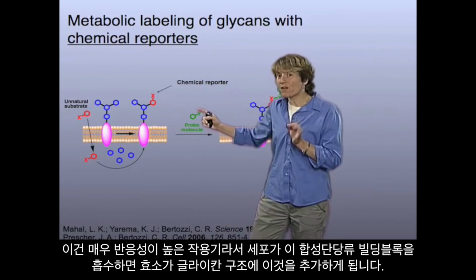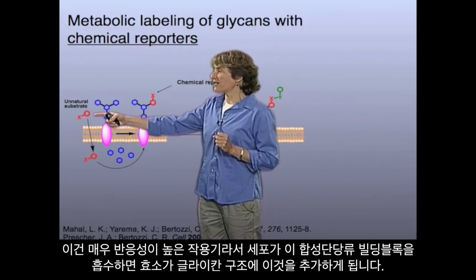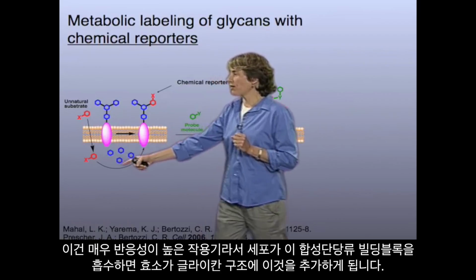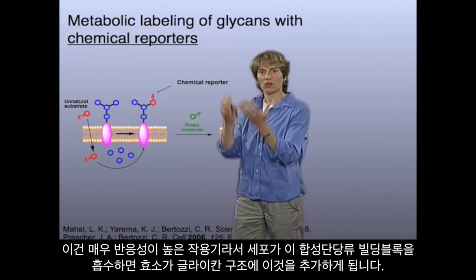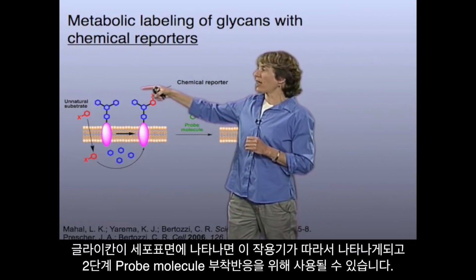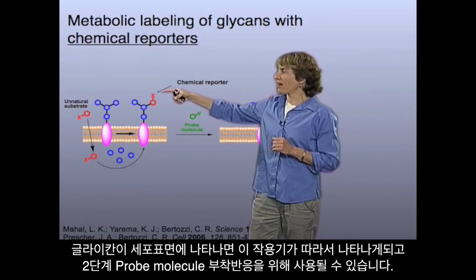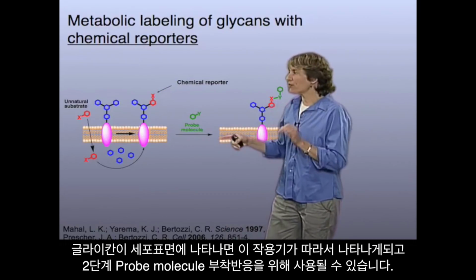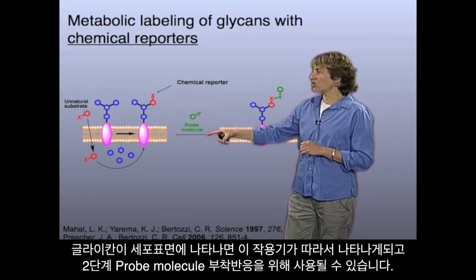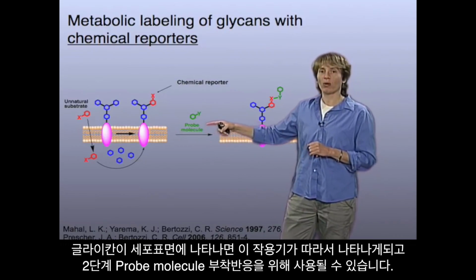It's a reactive functional group, so that when the cell takes this monosaccharide building block, and the enzymes process it and integrate it into the glycans, when the glycan appears on the cell surface, that reactive functional group is now on display and can be used in a second step, which is a chemical reaction with a probe molecule.